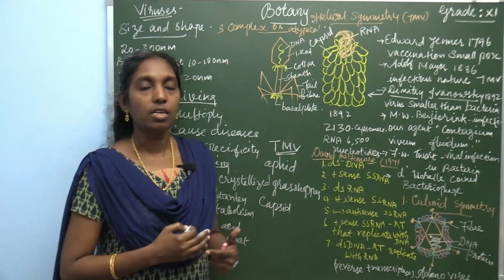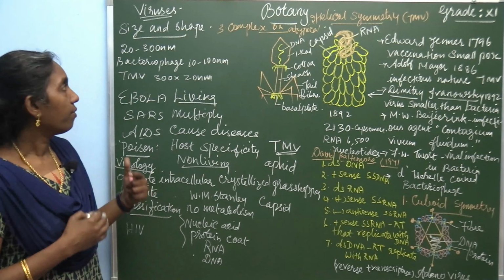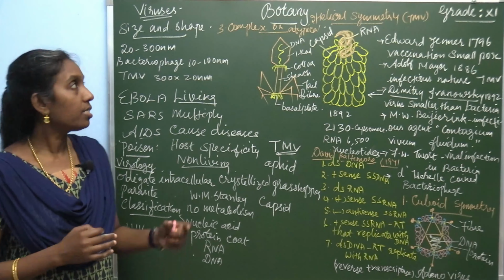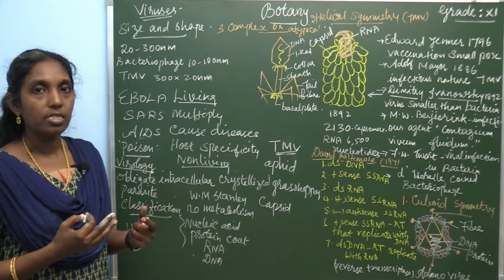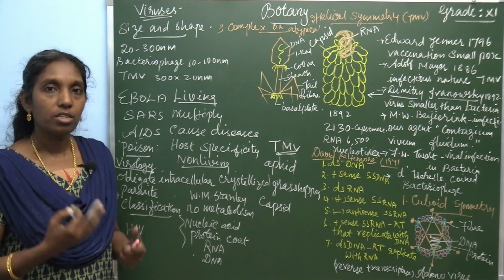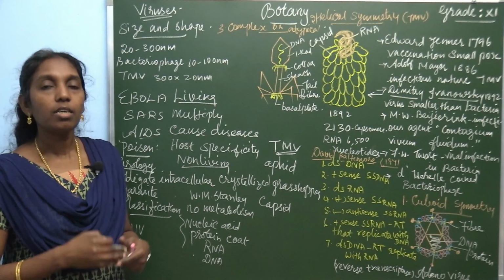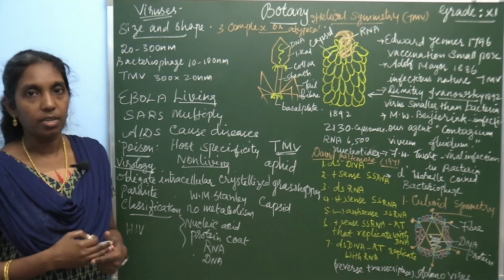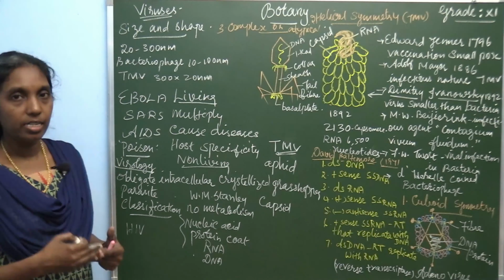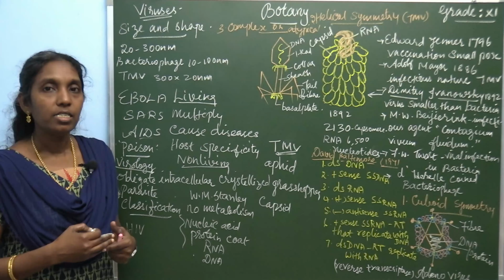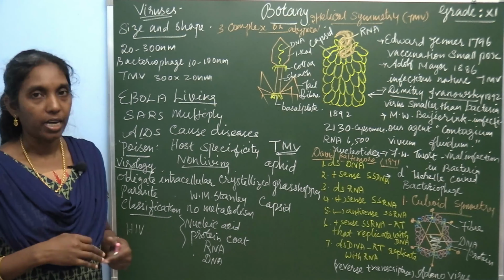So let's review what you learned today. At first, the topic is virus. First learn what viruses are. Viruses are ultramicroscopic or submicroscopic disease causing biological puzzles. They cause disease. They are obligate intracellular parasites.